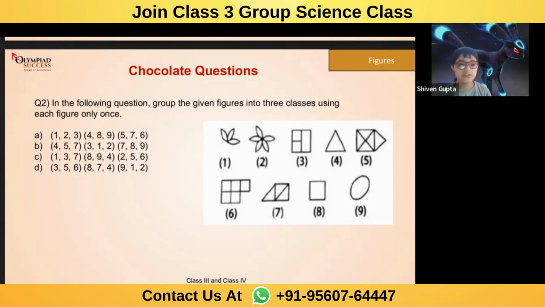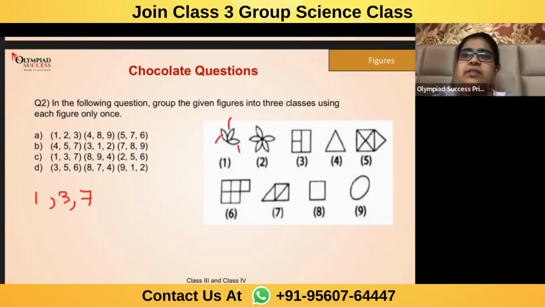My option was C because 1, 3, and 7 only have 3 compartments. Very nice. Correct. Compartments means the spaces, people. So what Shiven is saying is 3 spaces in figure 1, the full figure 3 is divided in 3 spaces, and same is figure 7, which is divided in 3 spaces.